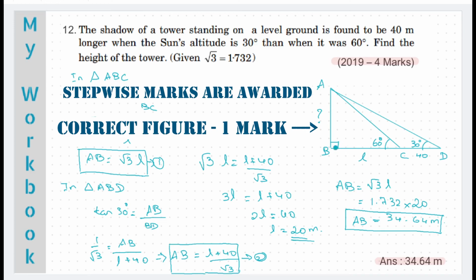So that will fetch you 1 mark. And similarly, one step in finding the value of L and finally finding the value of AB. The remaining 3 marks will be distributed for each and every step.